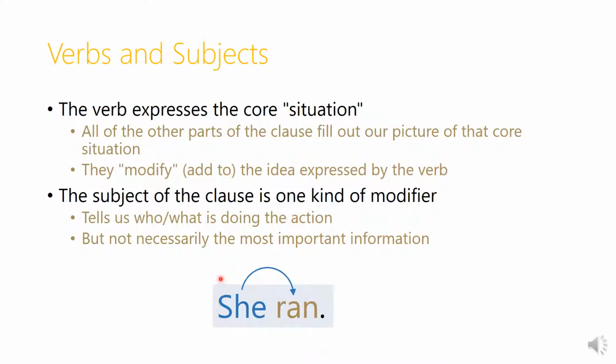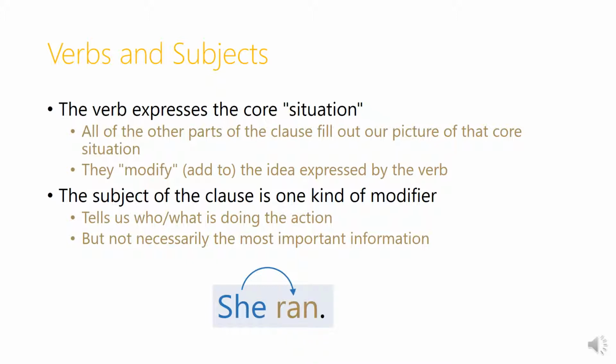So here, she is the subject, and so I've colored it blue. And ran is the verb, and so I've colored it tan. She ran. In English, we would think of this as she being the subject and ran being the predicate. But for thinking about Greek, I think it's better to think about ran, that action of running, as the core of the sentence.